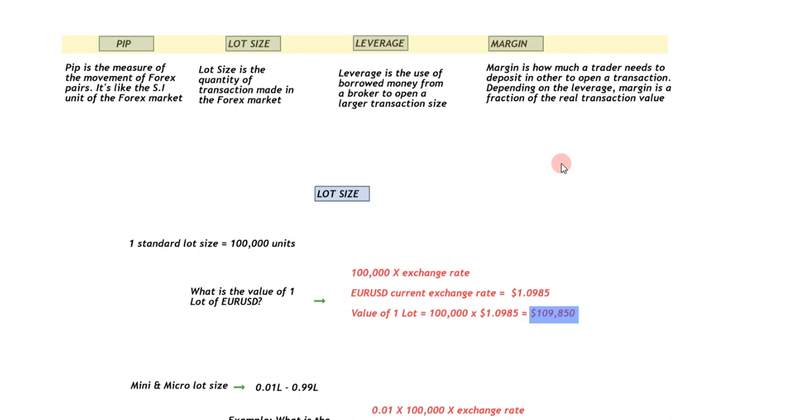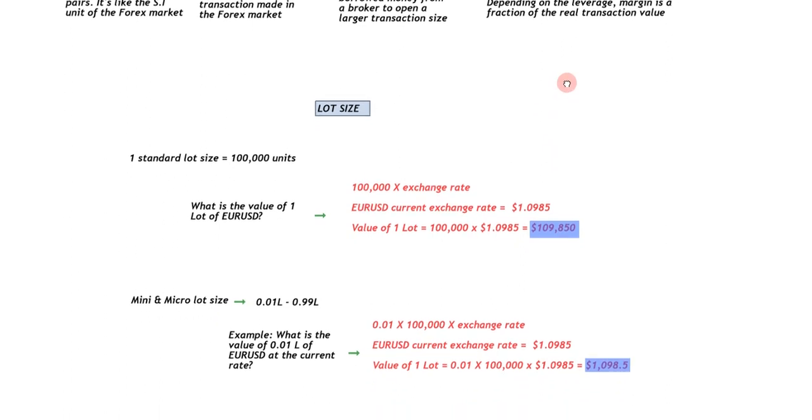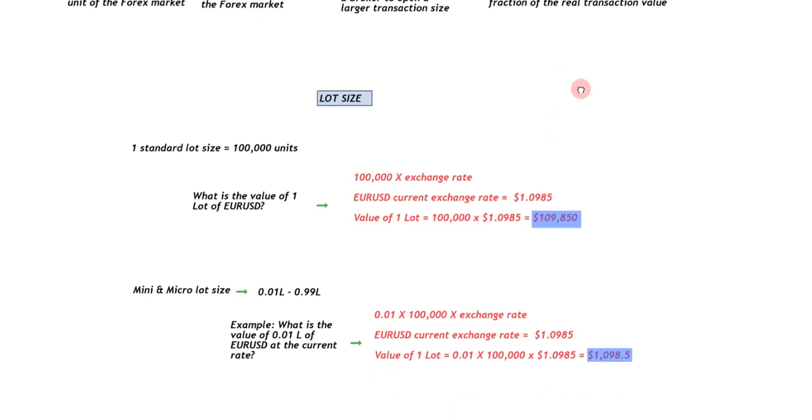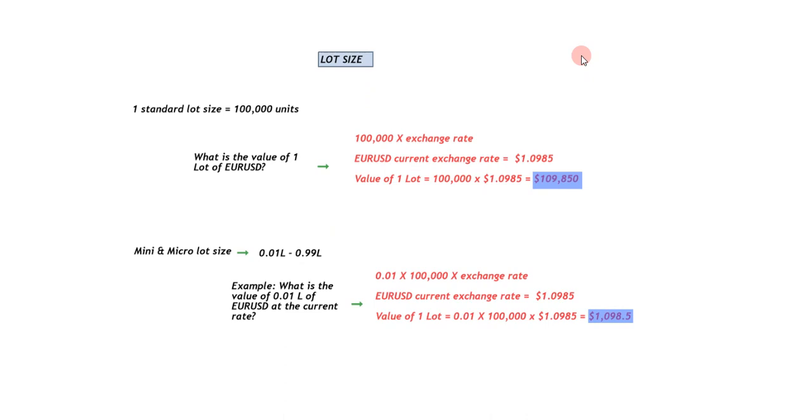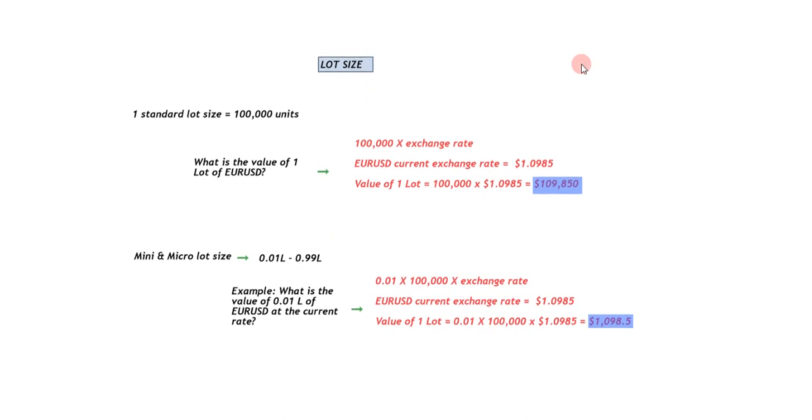The same thing here: the item is the exchange rate of a currency pair. It is very important that you choose the size of your trade, and that is called the lot size. In the forex market, one standard lot is equivalent to 100,000 units of the currency pair.